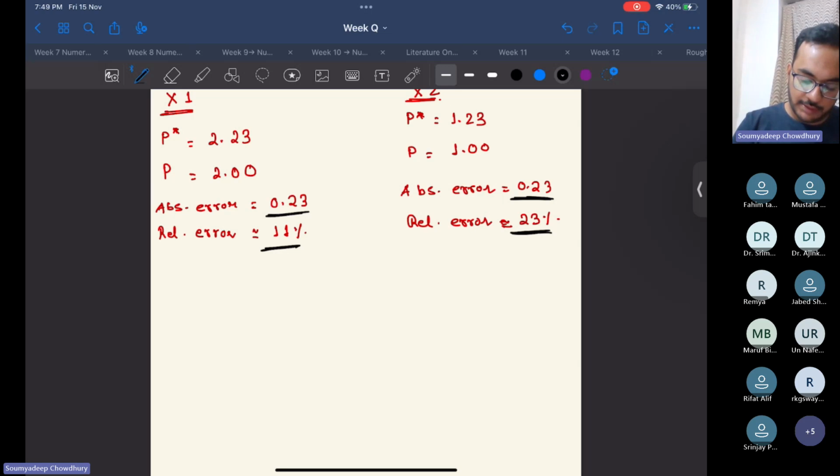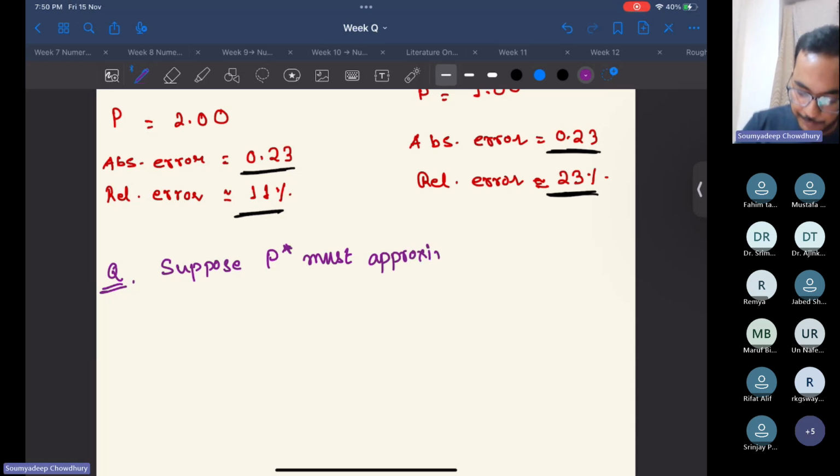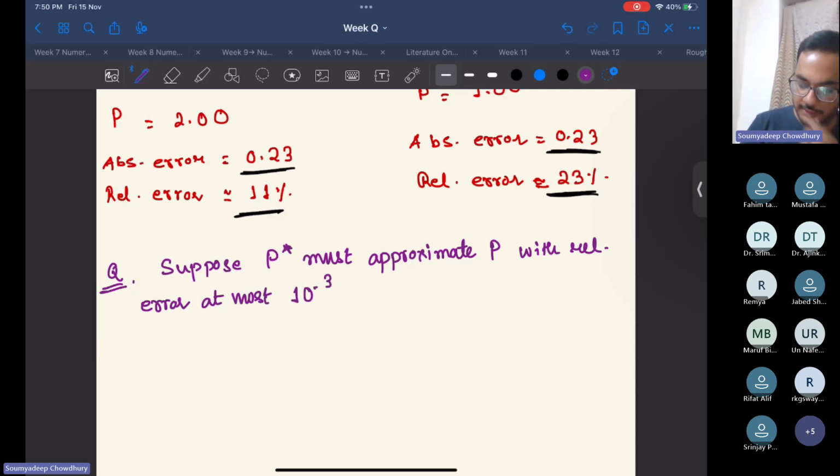So we'll look into a simple problem with this. So the question goes like, suppose P star is the solution. It must approximate P with the relative error at most 10 power minus 3.